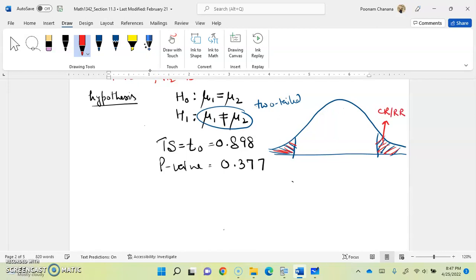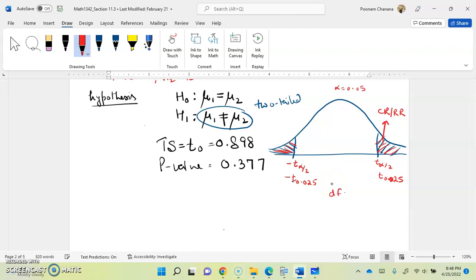What are these values dividing? Because it's two tails, we are going to divide alpha into two parts. Alpha is given to be 0.05. That means this is negative t 0.025 and positive t 0.025, both values, right?